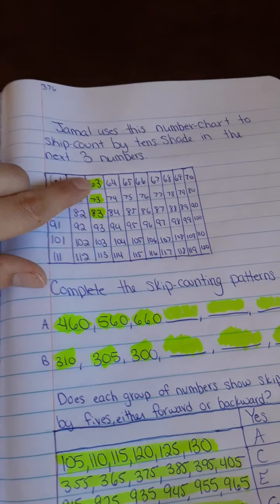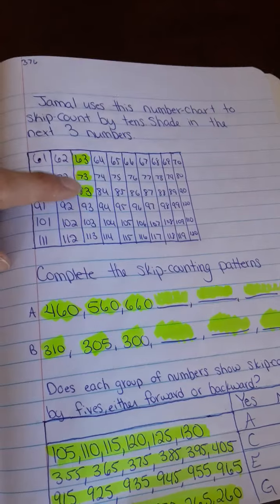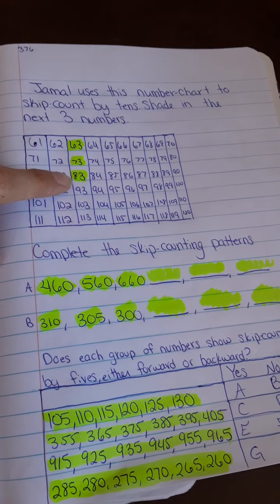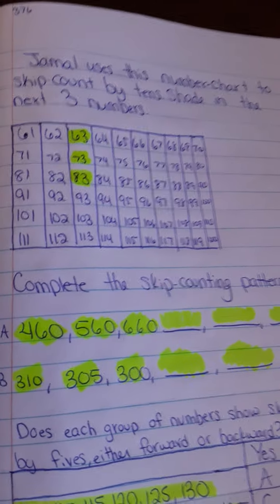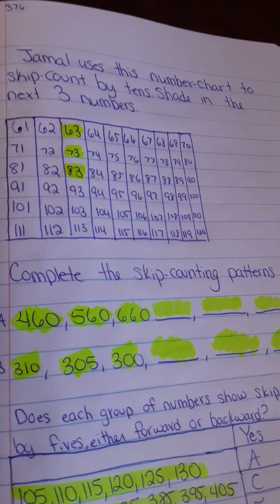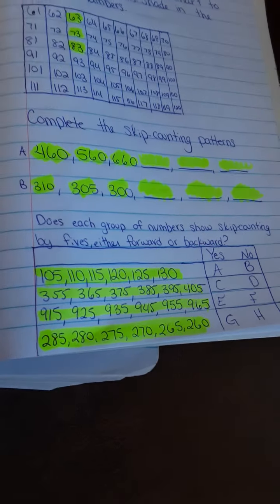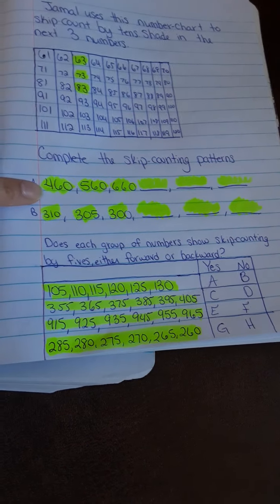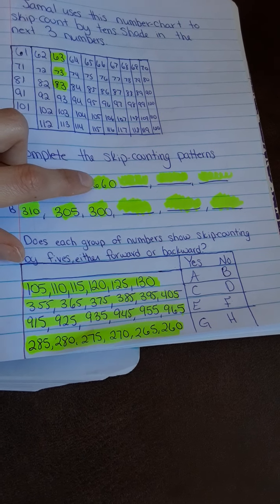So Jamal started at 63, 73, 83. What do you think the next three numbers are going to be if we're counting by tens from 63? Next, we are going to complete the skip counting patterns. 460, 560, 660.